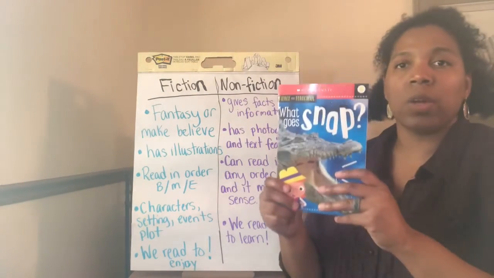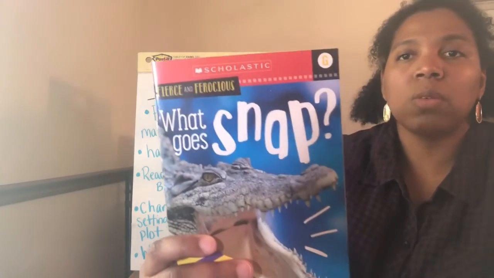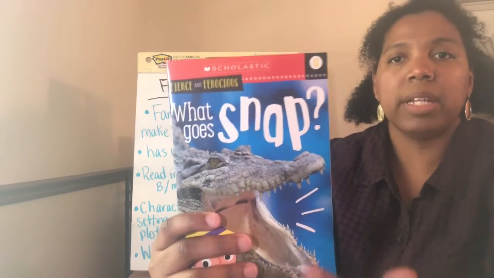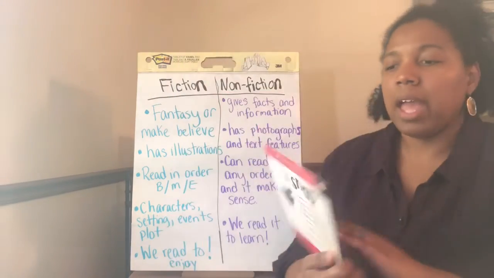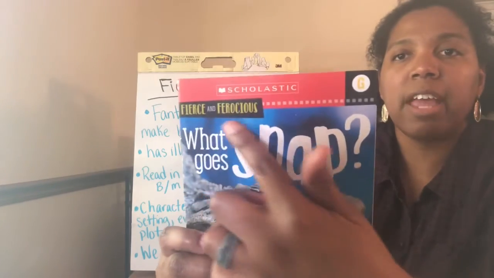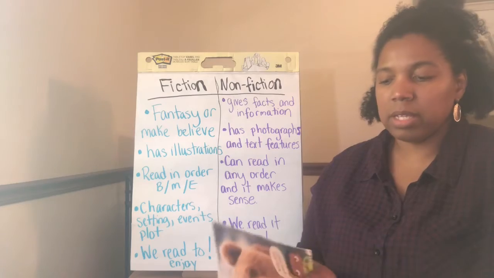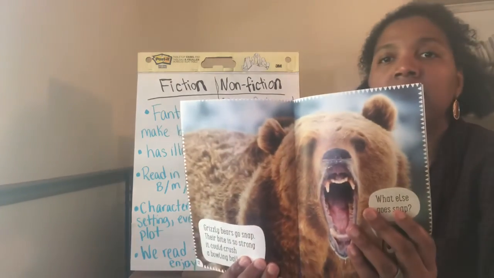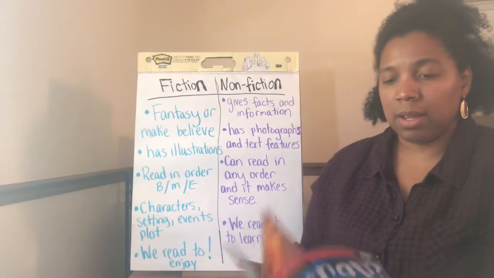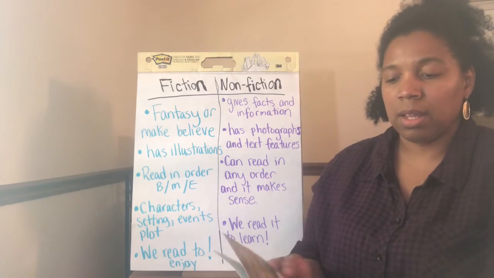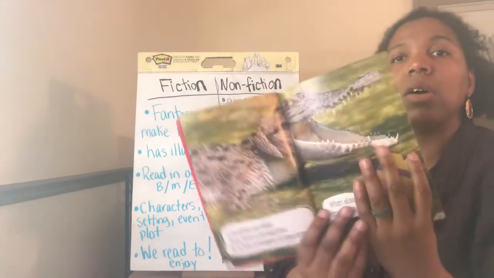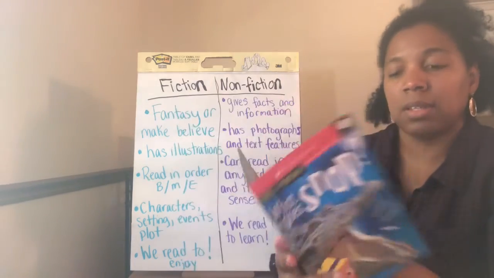What about this one? This is one of our books called What Goes Snap, and it's all about animals. It says this is about fierce and ferocious animals. In the middle, it tells me about grizzly bears. In the beginning, it tells me about crocodiles.